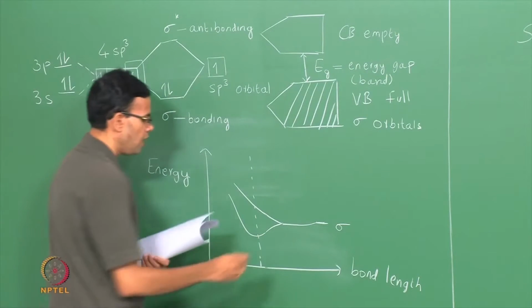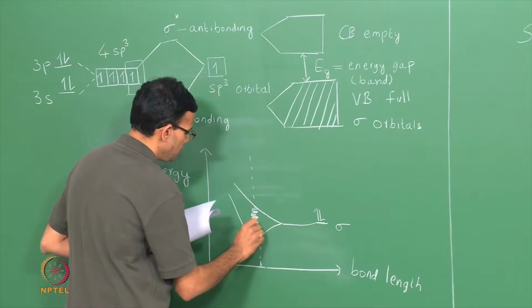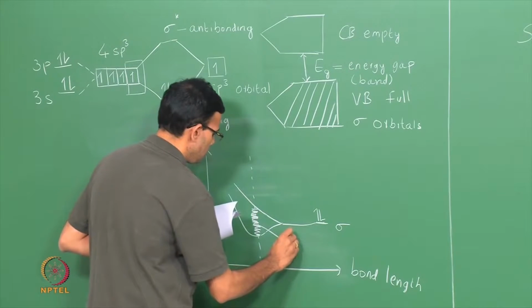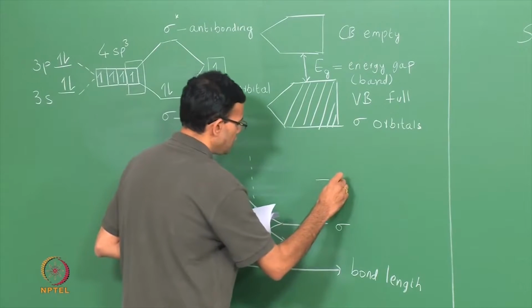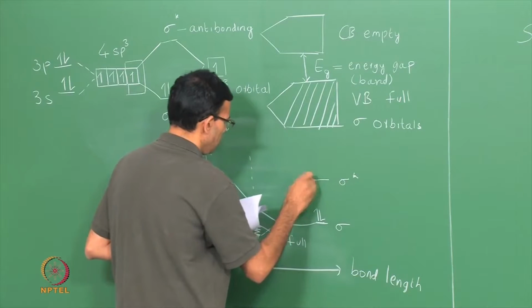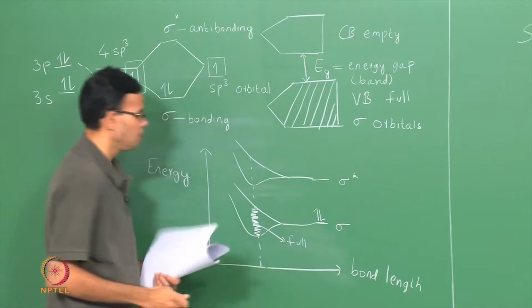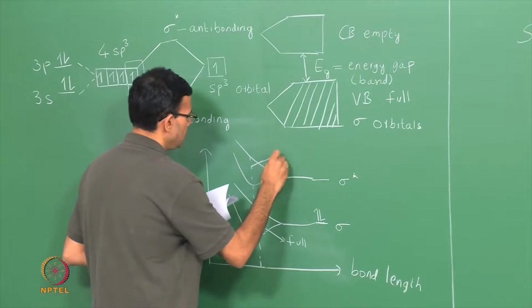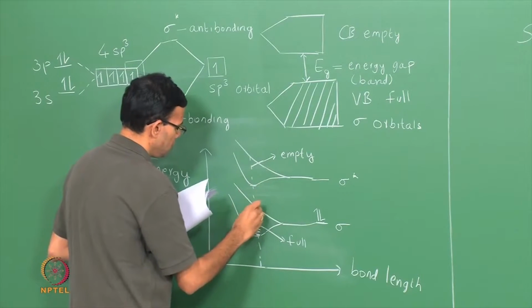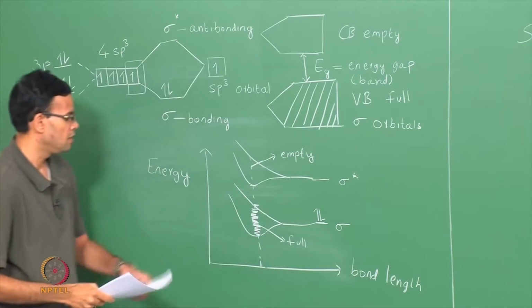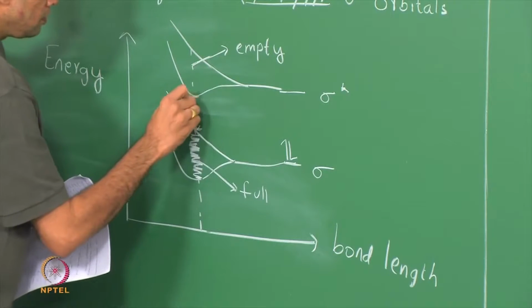Sigma, there are 2 electrons here, which means this band is completely full. Now, you also have a sigma star, which is the anti-bonding. This will also form a band which is completely empty. And the space between these two bands is your band gap, Eg.